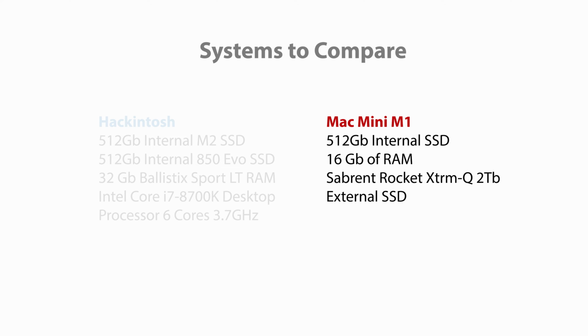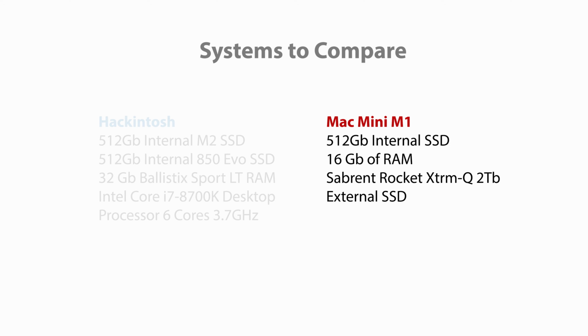The second one is my Mac Mini M1. I bought the one with 512 gigabytes of internal memory, and I got that one so that it holds at least all of my operating system and all of my apps, and also scratch disk. Then I also got the 16 gigabyte version so that if I'm running a lot of apps at the same time, I don't have to worry about running out of RAM. And finally, very importantly, I got the Sabrent Rocket Extreme Q 2 terabyte external drive, and that's for all my working files.